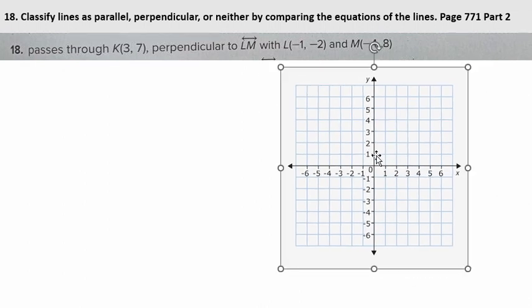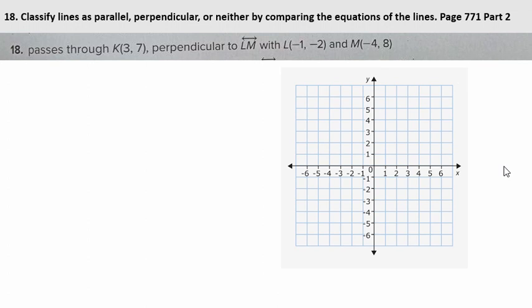Let me just take it here. Now LM: L is negative 1, negative 2, so negative 1 is the x coordinate and negative 2 the y coordinate. This is point L. For M, x is negative 4 and y is positive 8, so this is 6, 7, and somewhere around here 8.